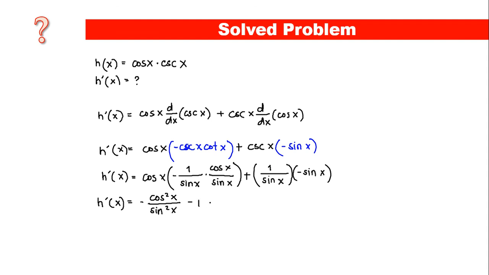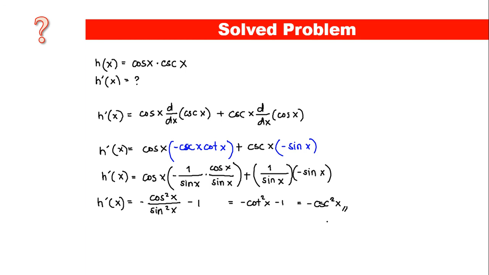So, pag simplify pa natin ito, this will now become equal to negative cotangent of x squared minus 1. And yung identity natin na cotangent squared x plus 1 equal yan sa negative cosecant squared ng x. Okay? So, ganun lang siya.